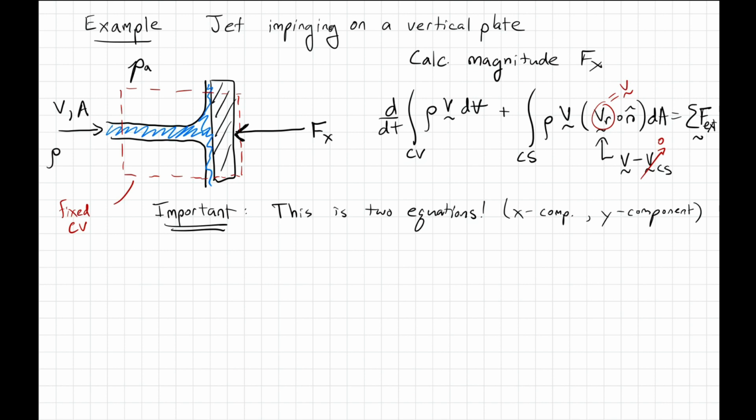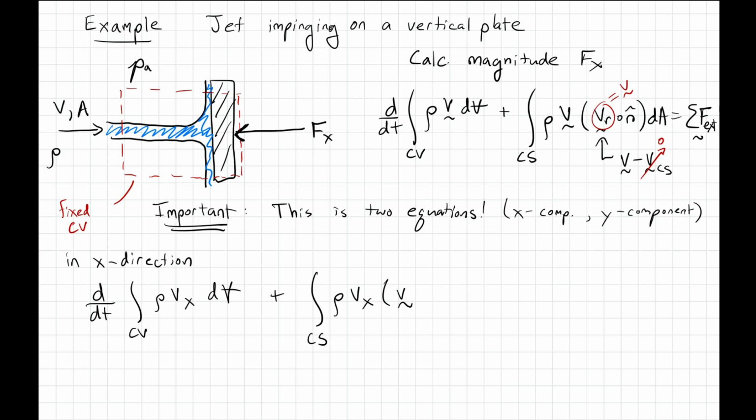So I'm going to write out, in the x direction, conservation of linear momentum, which says that the rate of change of whatever this first integral is over our control volume, plus the flux term, which is rho times velocity in the x direction times v dot n.